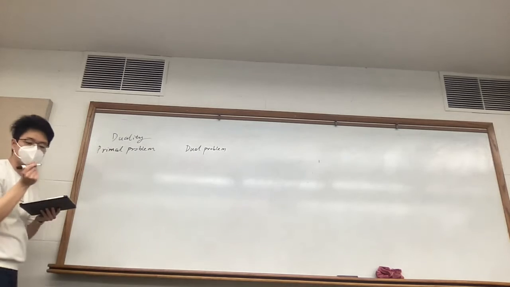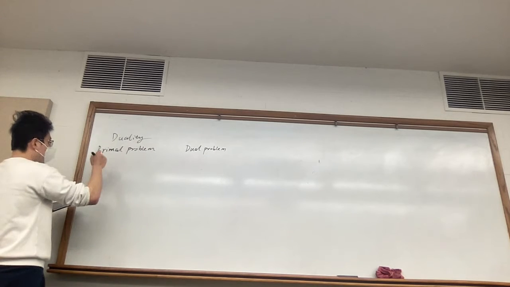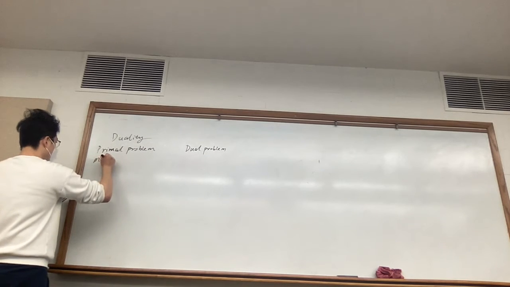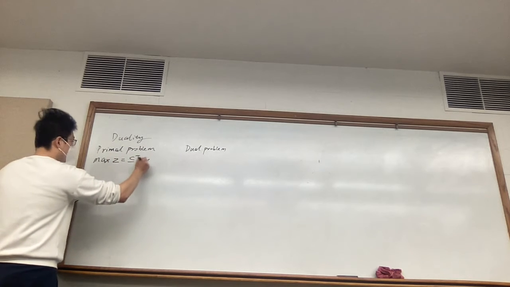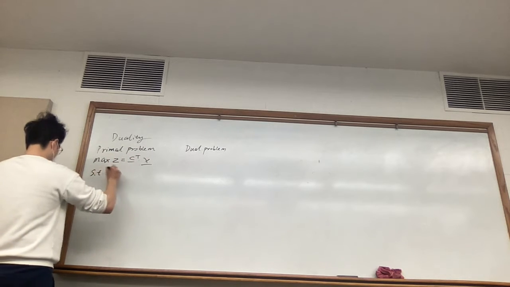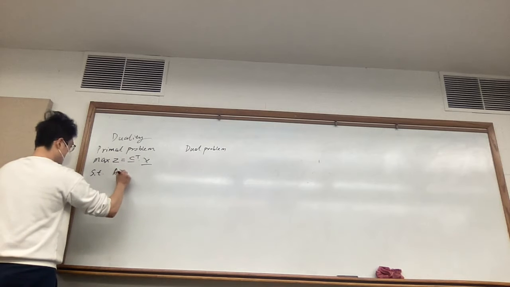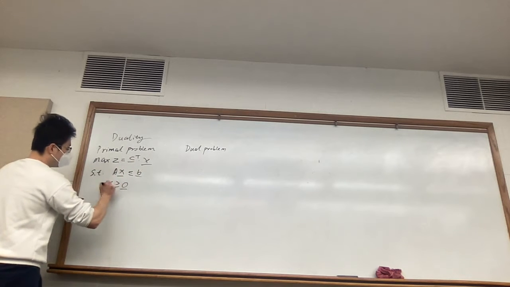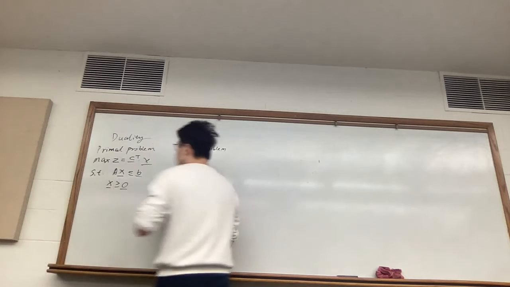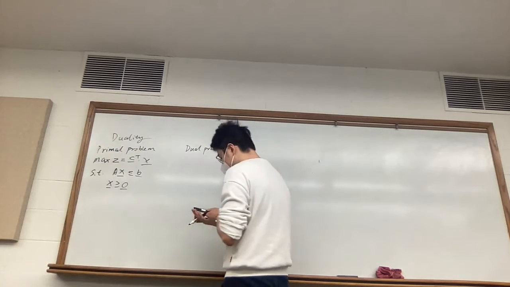In today's section, we want to do the primal problem in this form: maximize Z, which is c transpose times x, with the constraints Ax less than or equal to b, with x non-negative. This is the form of our primal problems that we want to discuss today.